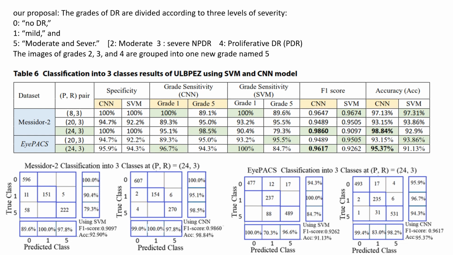For example, as shown here for Kaggle, we got an F score of 92 for the support vector machine and 96 for CNN. As explained before, our proposed CNN model is better, and for Messidor 2, we got 90 F1 score for the support vector machine, and for CNN, our proposed model, we got 98, which is very, very good.